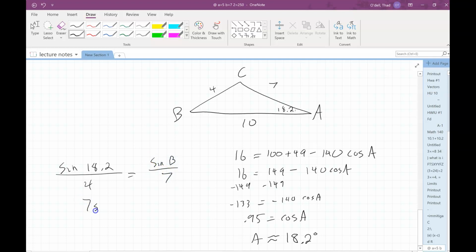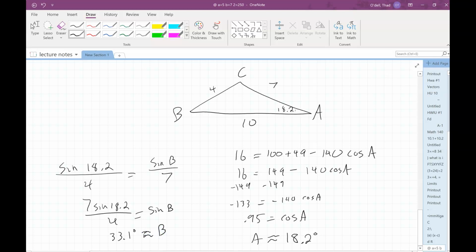So that means that 7 times sine of 18.2 over 4 is equal to sine of B. So we got 7 times sine of 18.2 divided by 4, which is 0.5465, and then I'm going to take the arc sine of that, and I get 33.1 degrees. That's approximately equal to B.